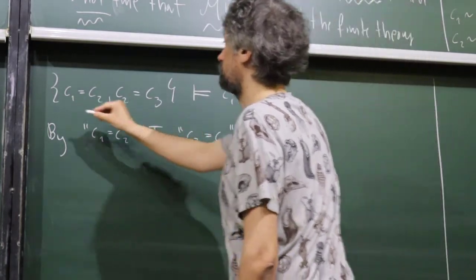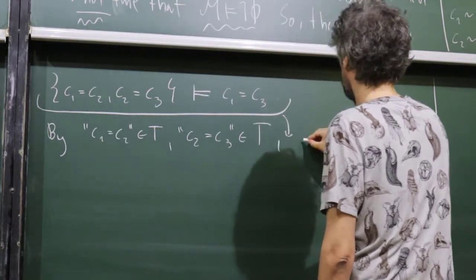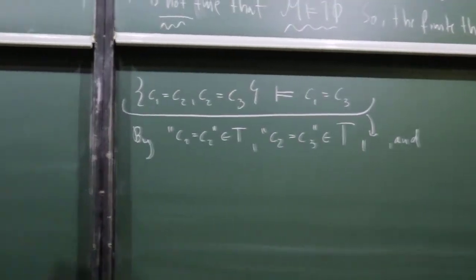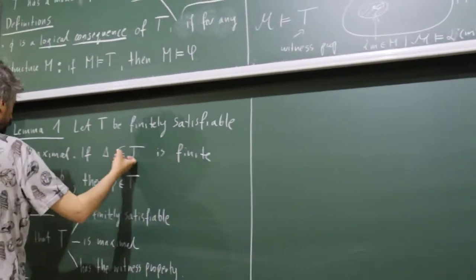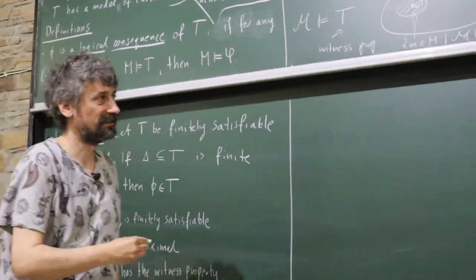By this, and now we use lemma 1. We have a subset of T, which is maximal, and its logical consequence.